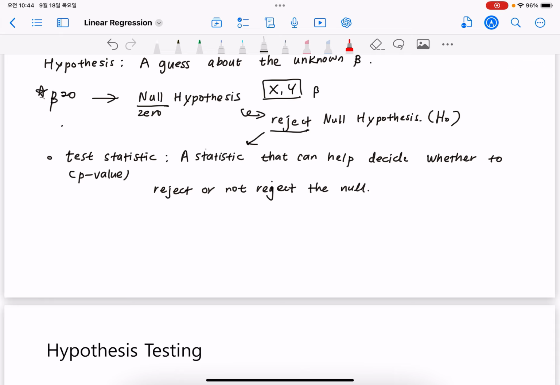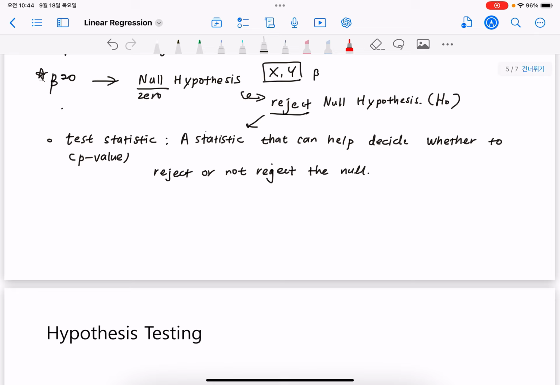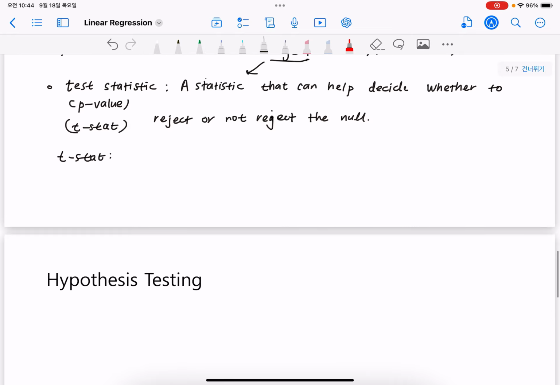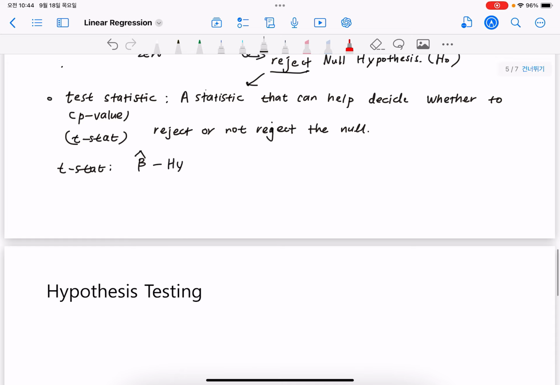Then how can we... the p-value can be used, and also the t-stat can be used. Okay. So the t-stat can be calculated as the beta hat that we have got, minus the hypothesized value under H null, divided by what's called the standard error of beta hat.